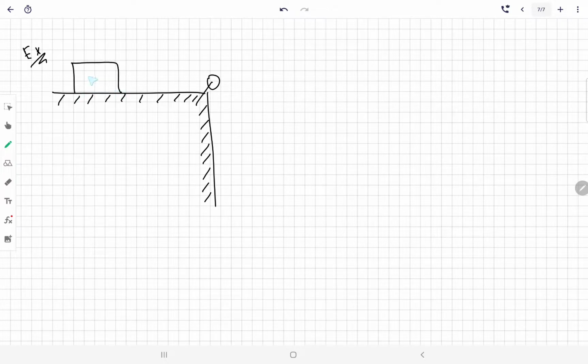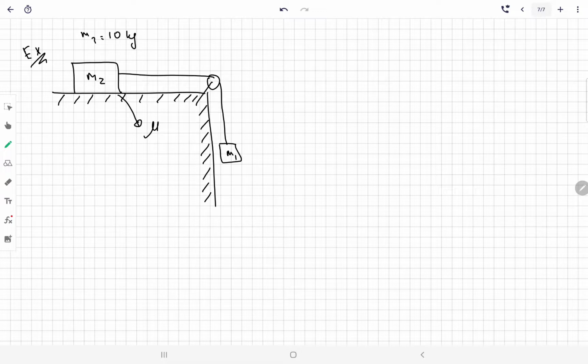Here we have M2, let's call it, and by the rope it's attached to M1. Let's say here we have a friction force and the coefficient equal to mu. And the mass of this object M2 equals, let's say, 10 kilograms.